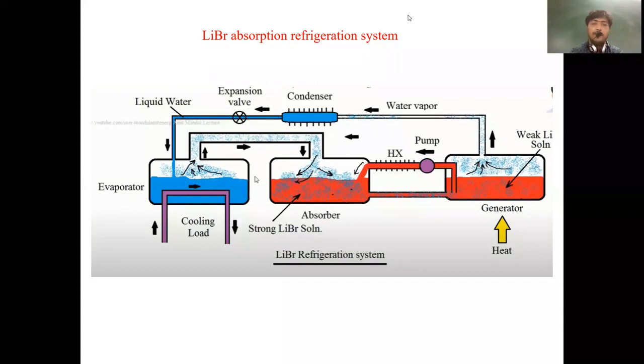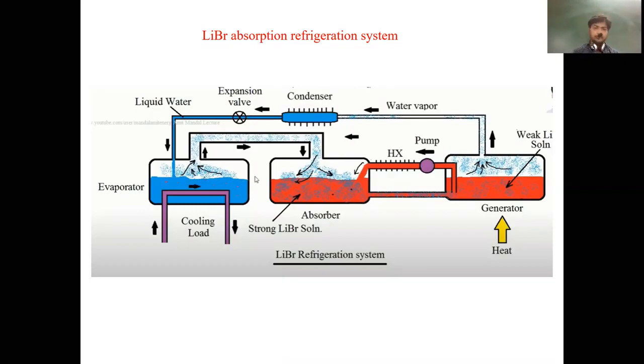This is a very important cycle, the lithium bromide absorption refrigeration system. In this cycle, water is the refrigerant and lithium bromide is used as the absorbent. How does this cycle work? Starting from the evaporator, water is present.